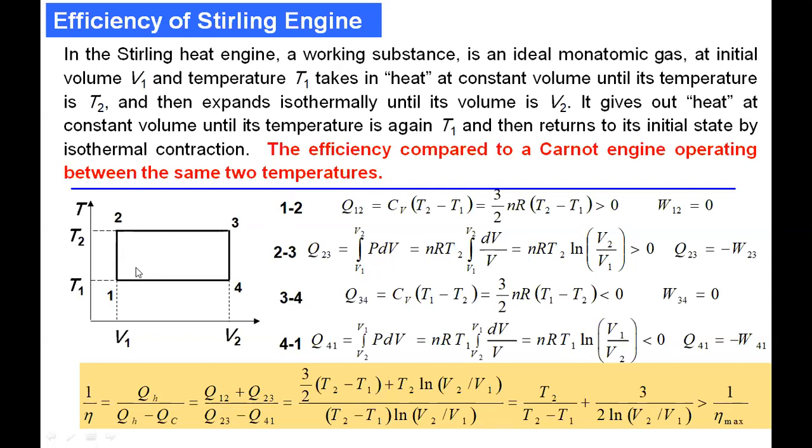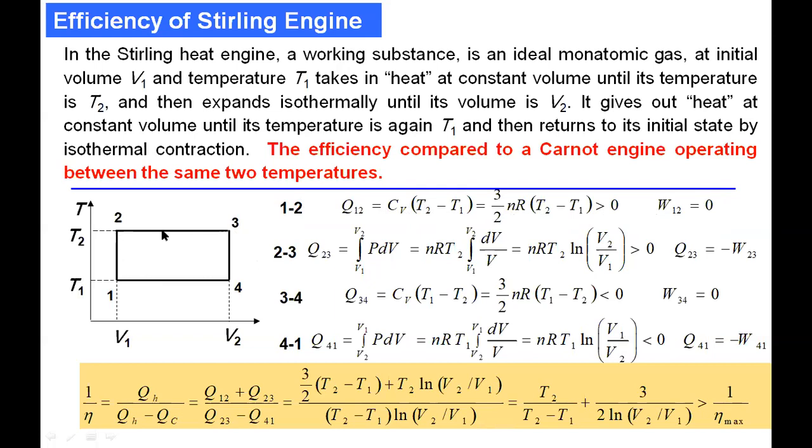If now from 1 to 2, Q12 equals CV times T2 minus T1, which equals 3/2 nR (T2 minus T1), and the work from 1 to 2, of course, because it's constant volume, equals 0.